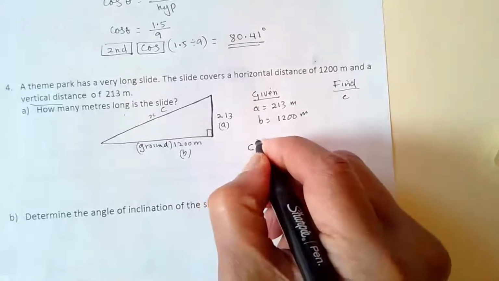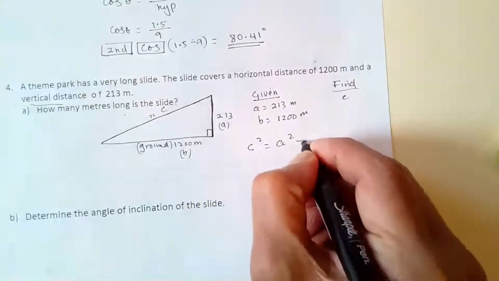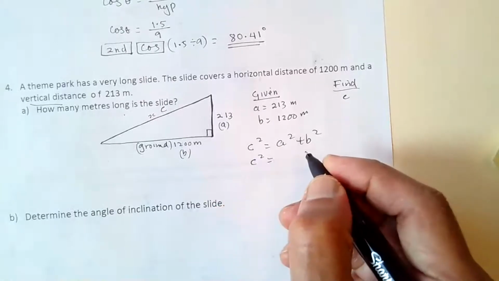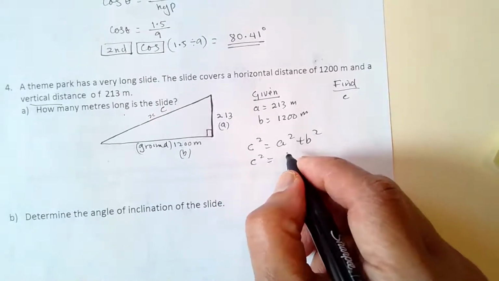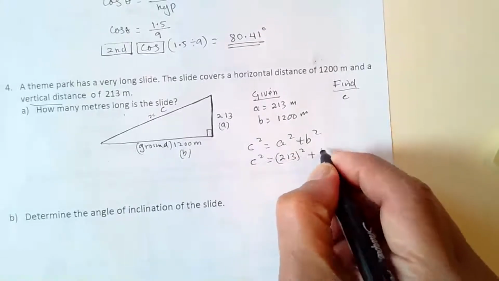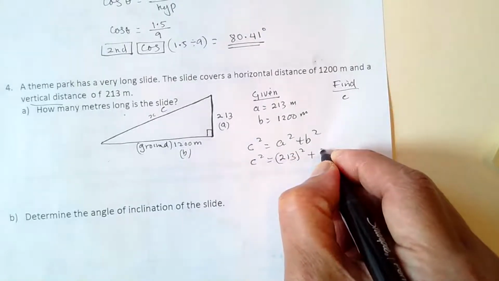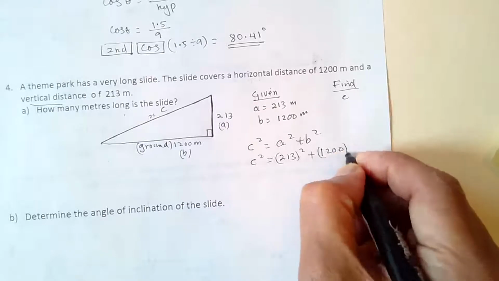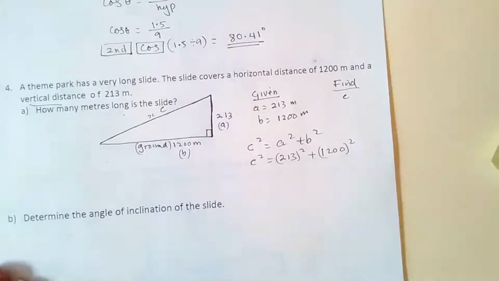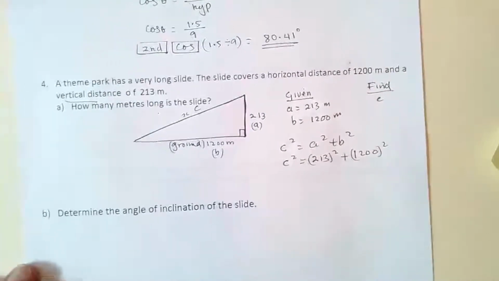So we know the formula: C squared is equal to A squared plus B squared. So C squared is equal to 213 squared plus 1,200 squared. Now, you'll need a calculator for this because it's a lot of huge numbers.